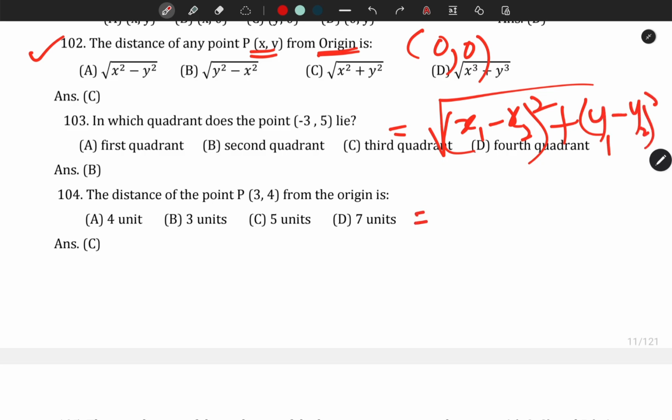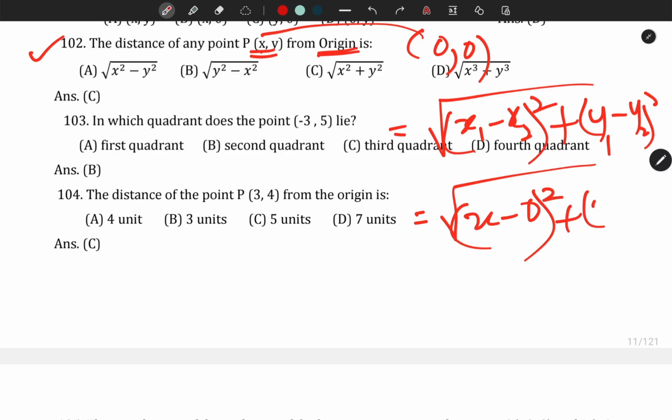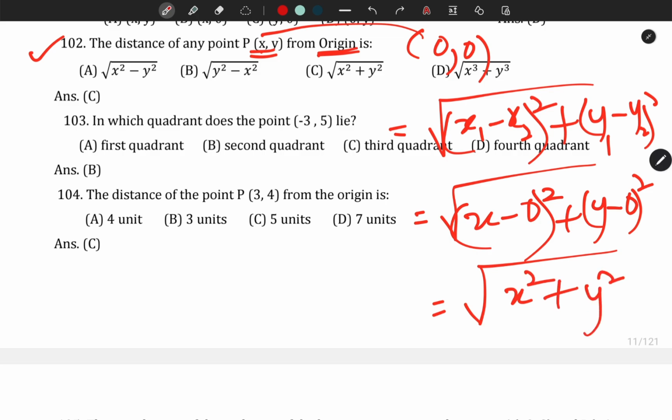So if you write x minus 0, it will be x minus 0 whole thing square plus y minus 0 whole thing square. So it will be x square plus y square. So remember, the distance of a point from the origin, you can memorize this directly. Distance from the origin is always root over x square plus y square. That is option number C.